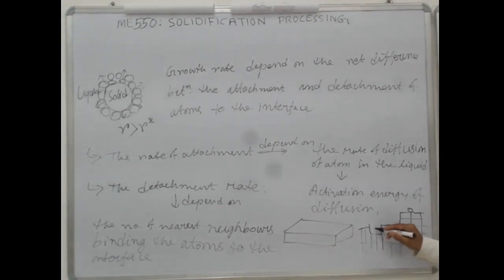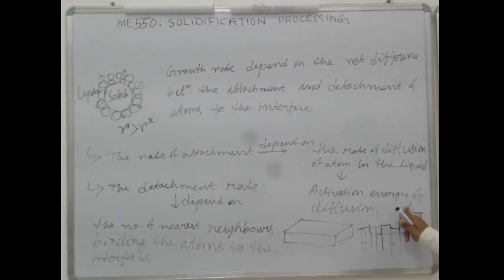So if an atom comes here, if it goes there, it is facing 1, 2, 3 atoms in 2D, so it can make a bonding with this and bonding with this. So if it goes on the surface and makes the bonding, it will have only one neighboring atom for this solidification or the growth.